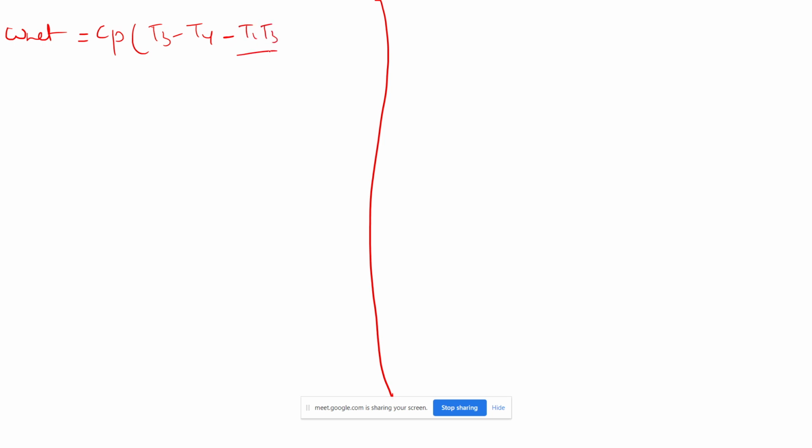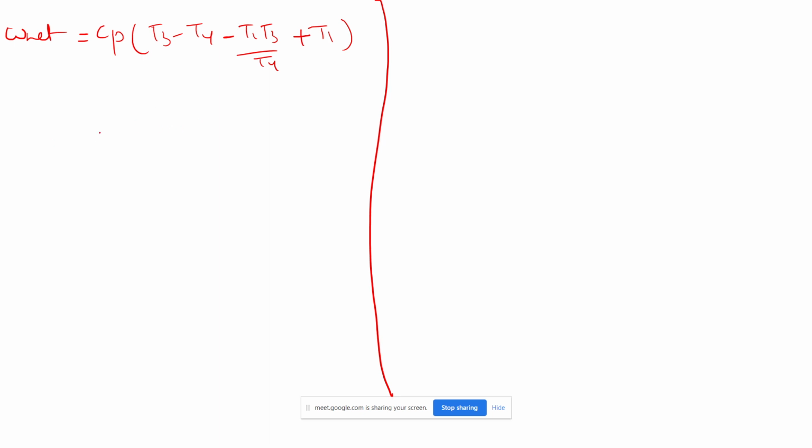So what we will get here: work net is equals to Cp into T3 minus T4, minus Cp into T1 T3 by T4 minus T1. Is it okay?